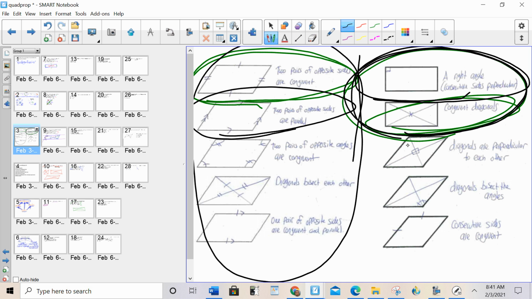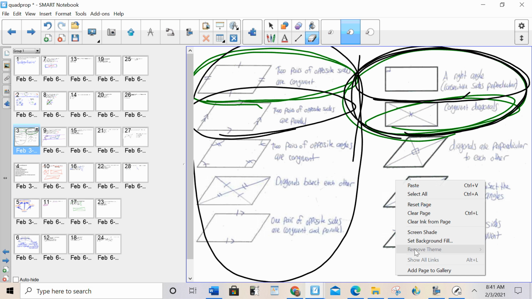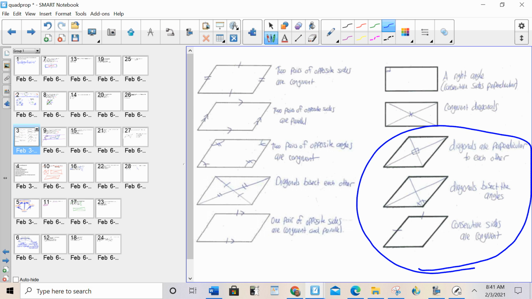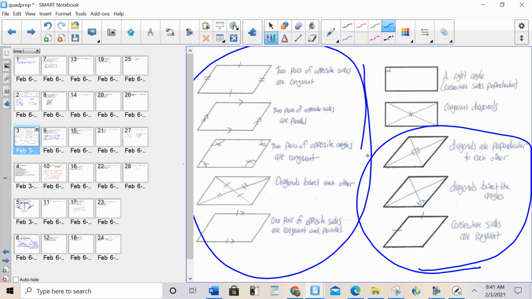Same thing with the square. Same thing with the rhombus. Excuse me. For the rhombus, these five are a property of the rhombus. These five do not prove it's a rhombus.